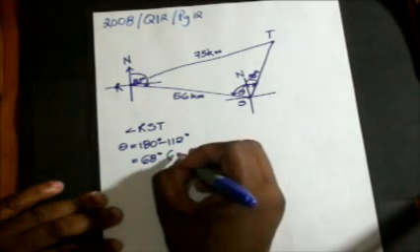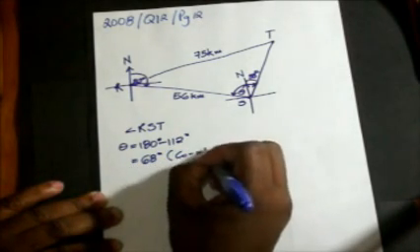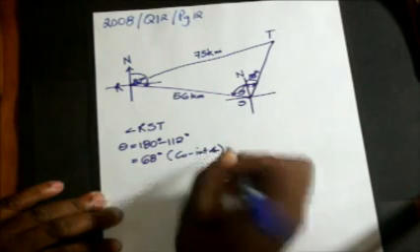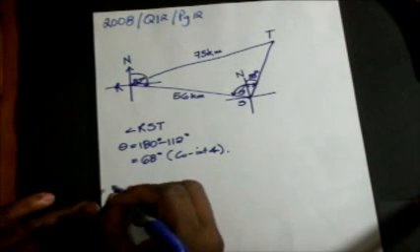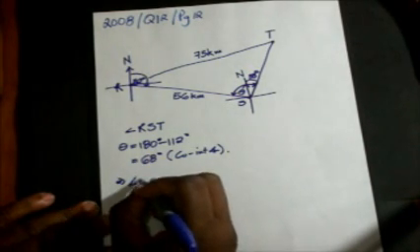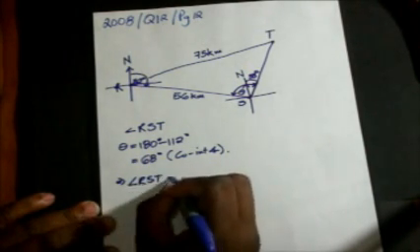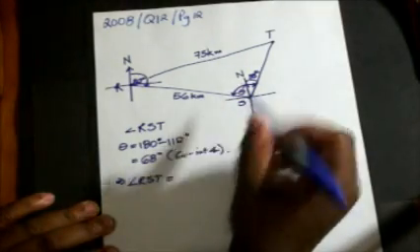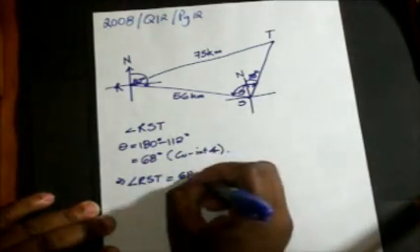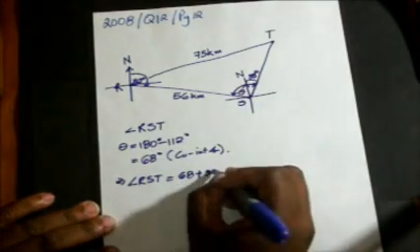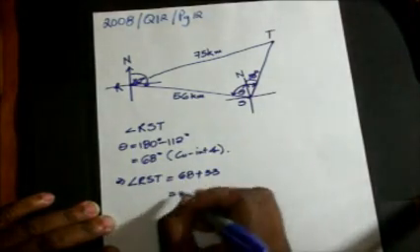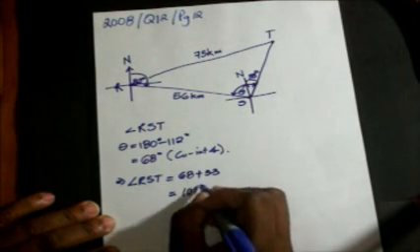And the reason is co-interior angles. Therefore, angle RST is equal to theta, which is 68, plus this piece of angle here, which is 33 degrees. So therefore, angle RST comes to 101 degrees.